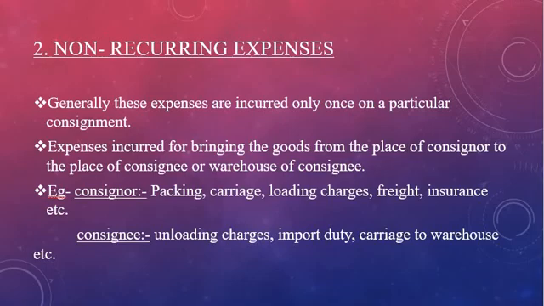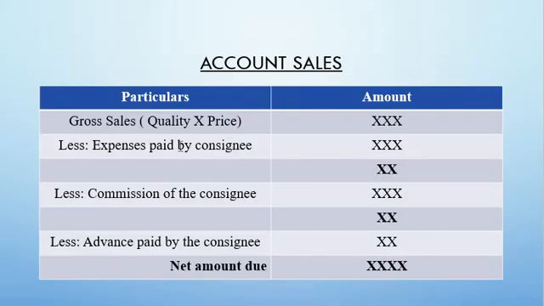I'll just show you here. In this, all these expenses, that is, the expenses relating to the consignee, commission, advance being paid, are deducted by the consignee and then the amount is given to the consignor.